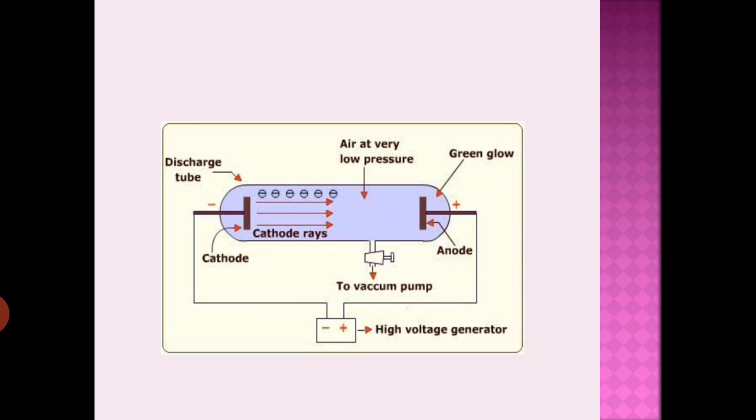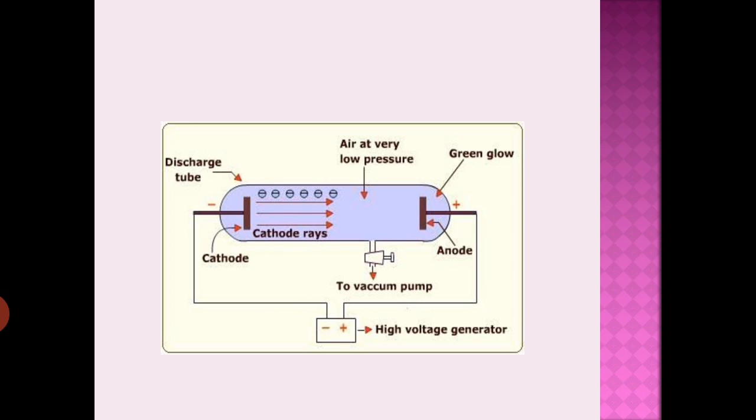At 1 atmospheric pressure, he applied a very high voltage of 10,000 to 15,000 volts. The electricity does not flow through the air in the discharge tube, and there was no change. Why is there no change? Because a gas at normal pressure is a poor conductor of electricity.